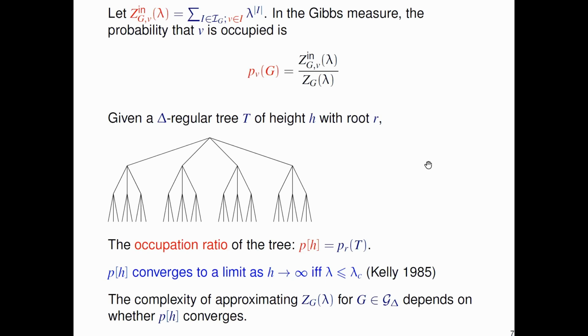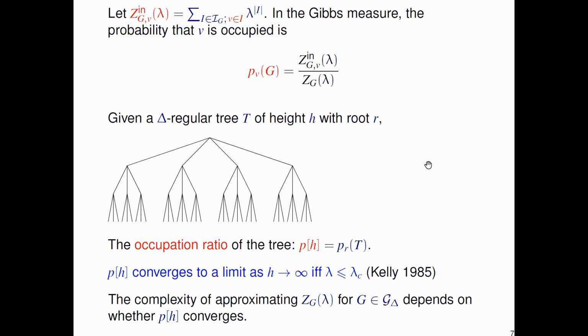I had the partition function, and now I fixed a vertex V at the bottom and put a decoration on the top. That notation is the contribution to the partition function coming from independent sets where V is in. It's the sum over every independent set containing V of its contribution.